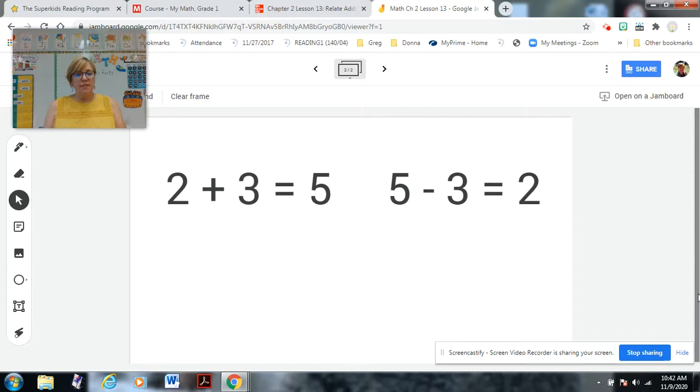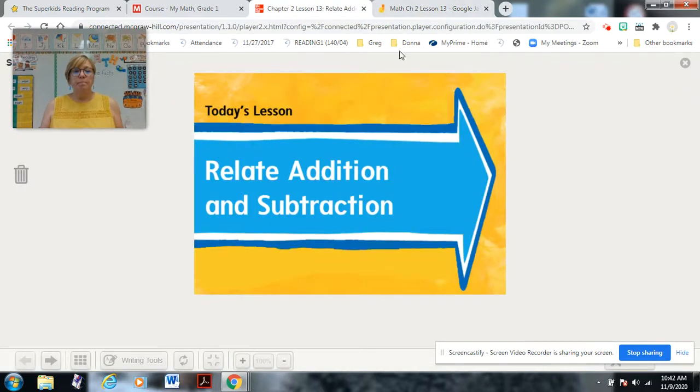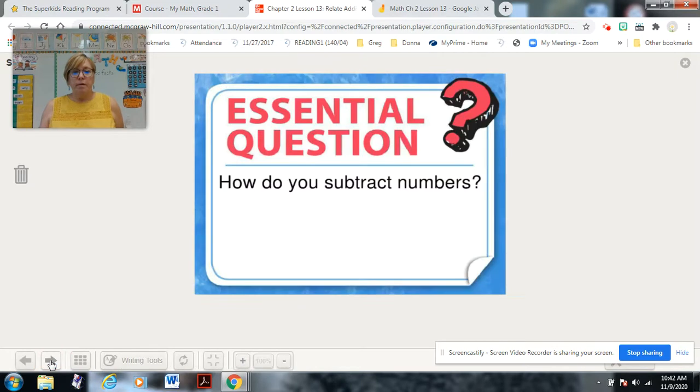Both math sentences have the same numbers. Now, they may be in different order, okay, but they are related. And I like to say there's no strangers in the house. Okay, so that's what we're going to do today. All right, and our essential question for chapter 2: how do you subtract numbers?